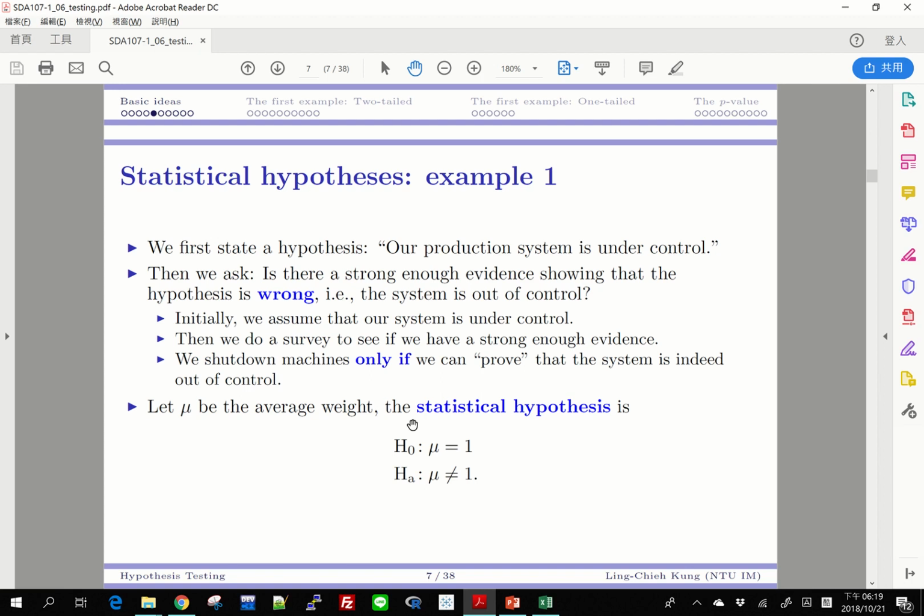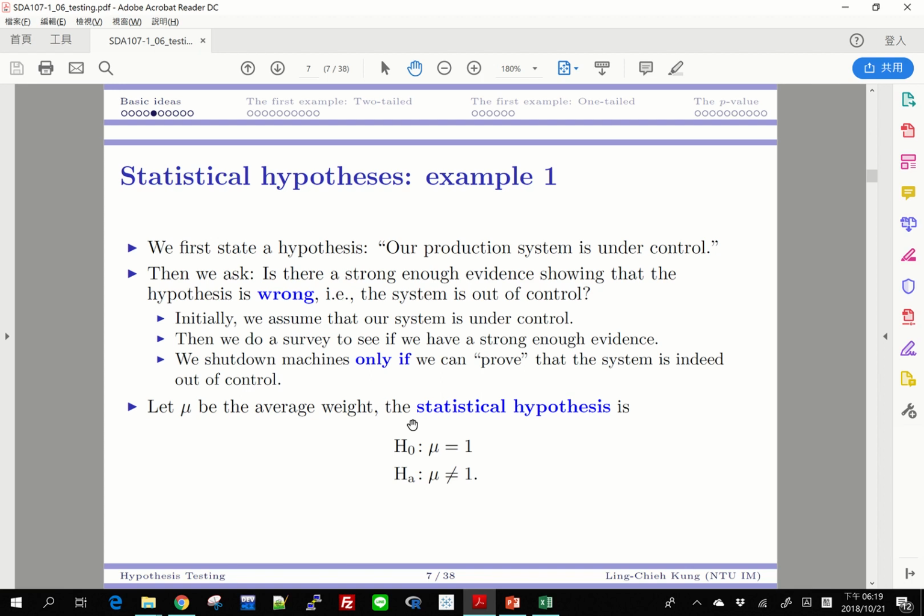Type 1 error is the error we make when we say the null hypothesis is wrong, but actually it is right. That's type 1 error.